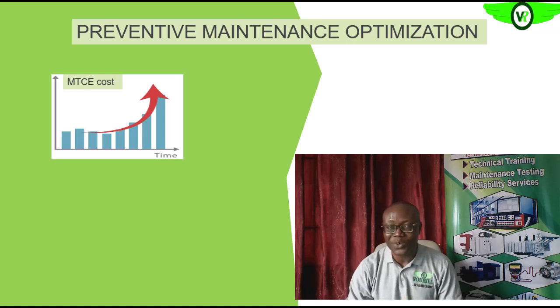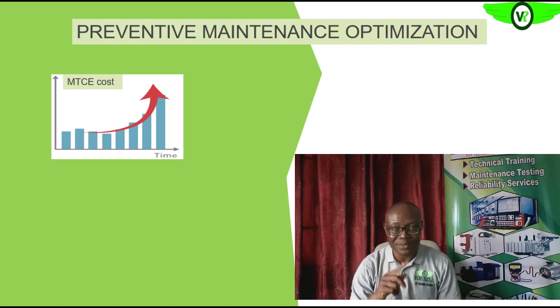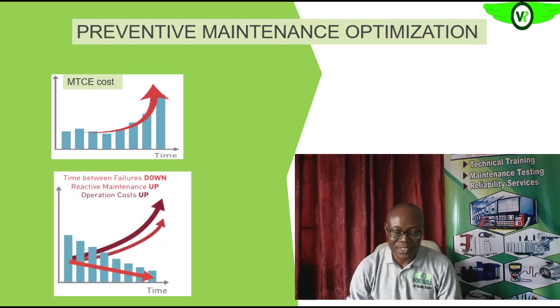If our maintenance cost is going up, we know that our maintenance program is due for optimization. As the maintenance cost is going up beyond what is normal or usual, we know it's time for us to optimize our maintenance program.